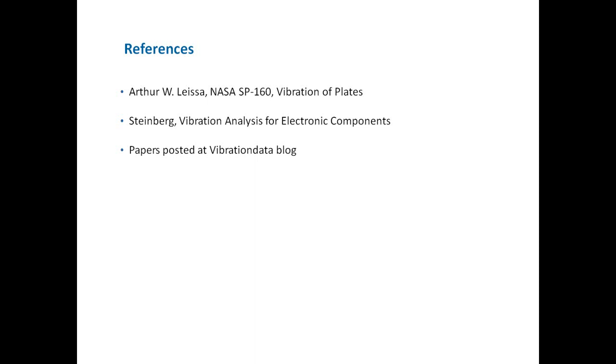All these references are available via links on my blog for this webinar unit. Also, Steinberg, Vibration Analysis for Electronic Components. Steinberg takes Leissa's formulas and simplifies them and just covers the natural frequency equations for common rectangular plate boundary conditions in a couple of pages in his reference book. And there are some additional papers posted at the Vibration Data blog as well.